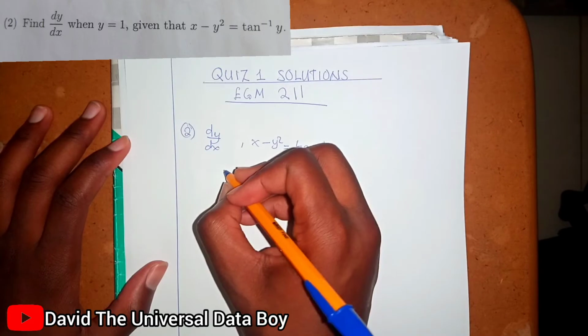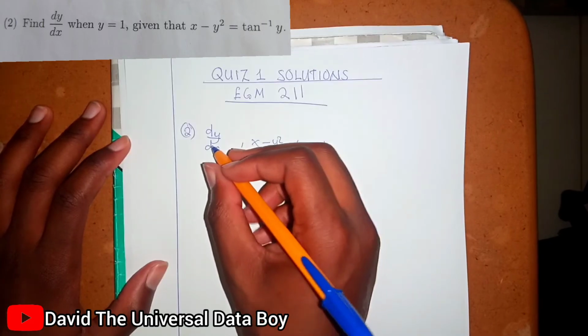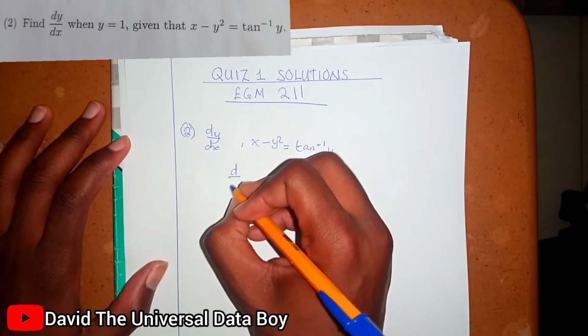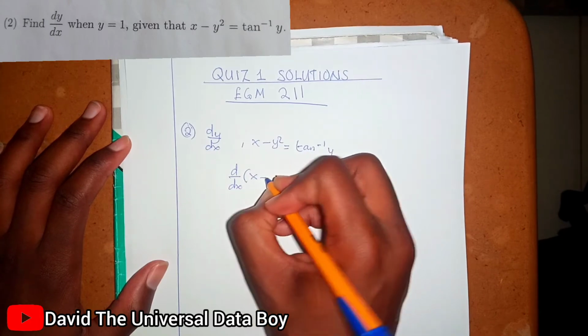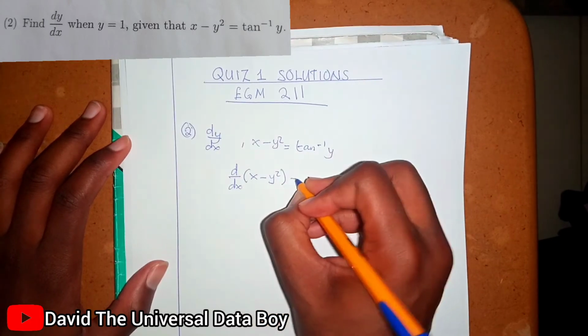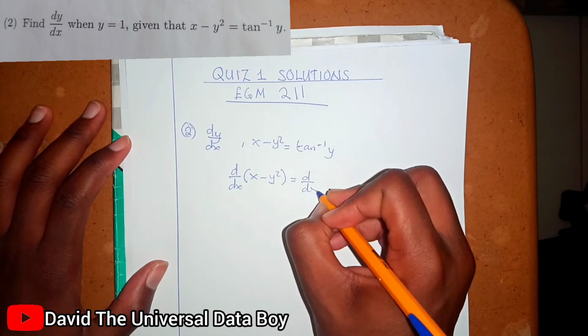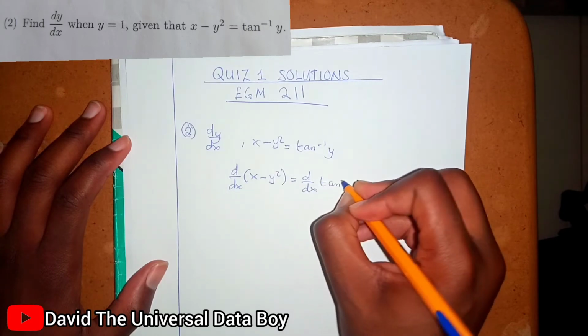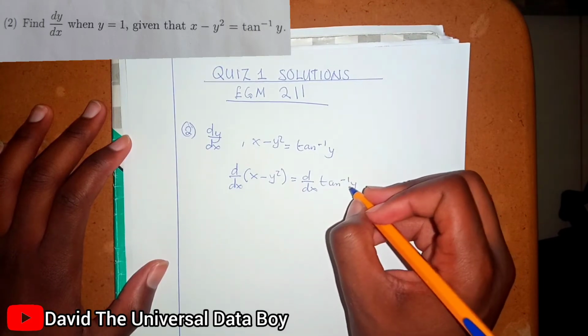So we differentiate both sides with respect to x. So we have d over dx of x minus y squared is equal to d over dx of tan inverse of y.